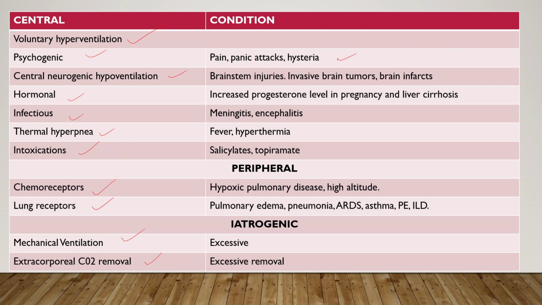Panic, hysteria, etc. Most commonly, brain injuries, invasive brain tumors, brain infarcts, increased progesterone levels in pregnancy and cirrhosis, meningitis, fever and hypothermia. Salicylates and dopamine, and peripheral causes like hypoxia, pulmonary diseases, high altitude, pulmonary edema, ARDS, asthma, iatrogenic, that is excessive removal.